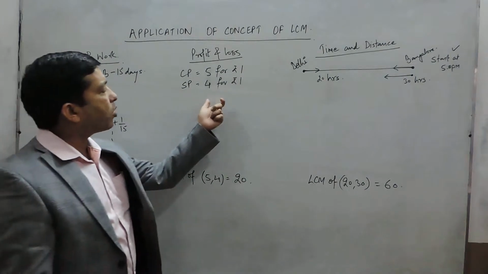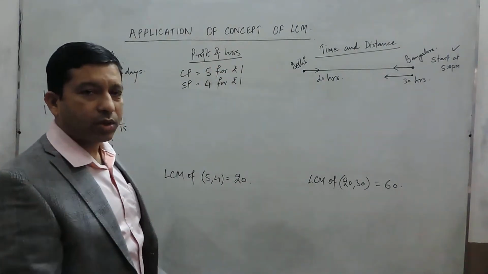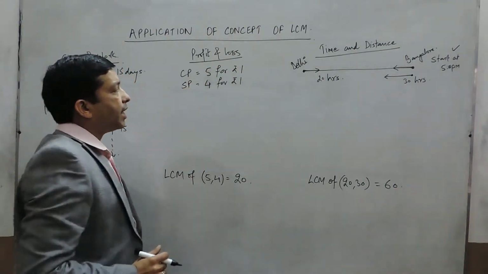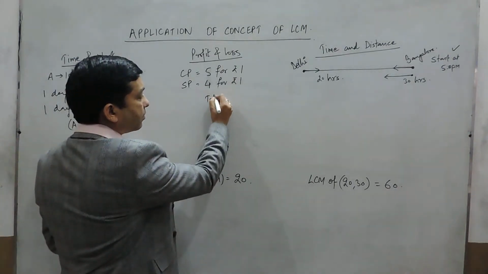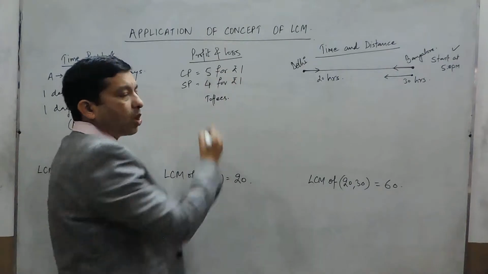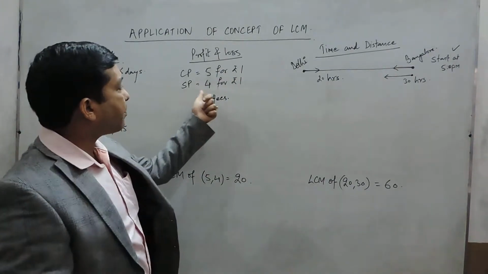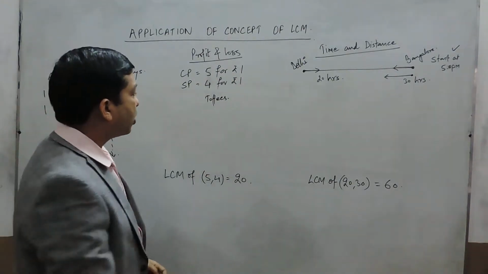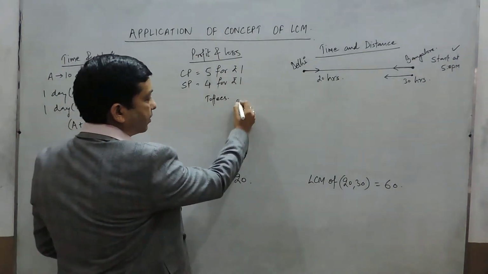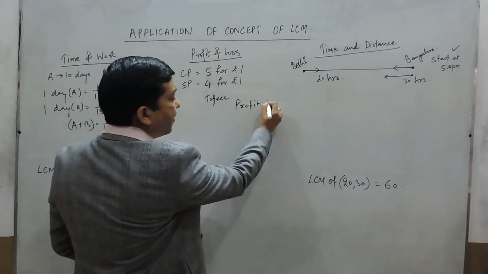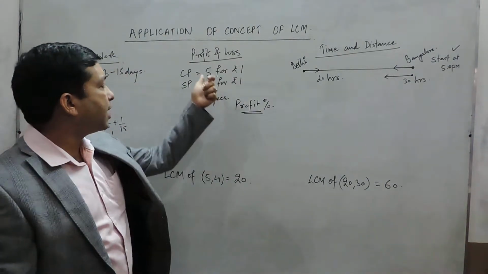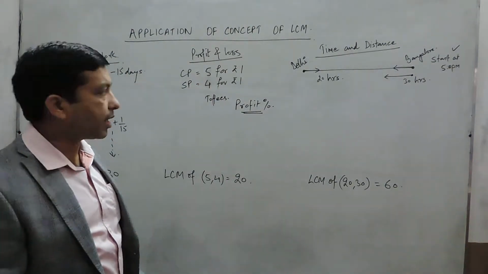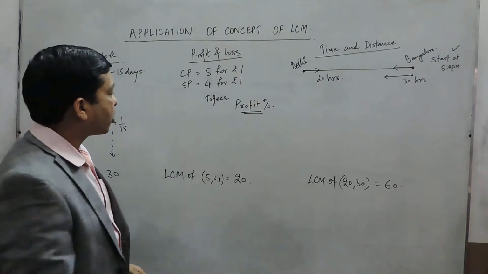If we talk about the second question, of profit and loss, here I am saying that the cost price of 5 articles, or 5 toffees, is rupees 1, while the selling price of 4 toffees is rupee 1. So what is the profit percent? We can only calculate this if we equate the number of articles, here the number of toffees.